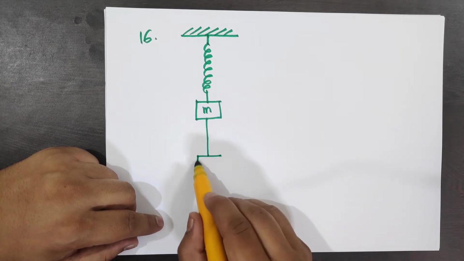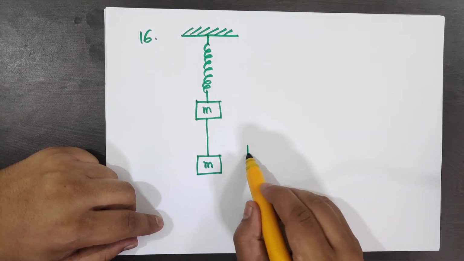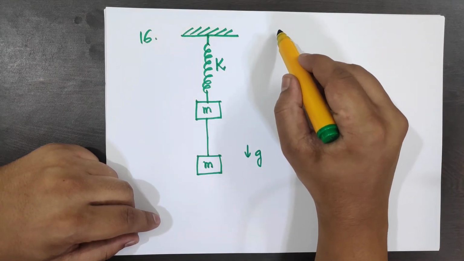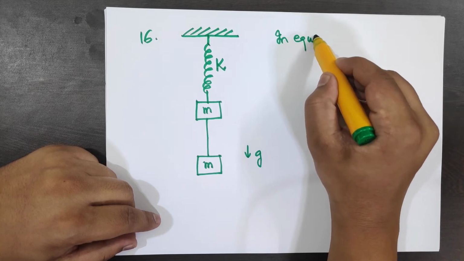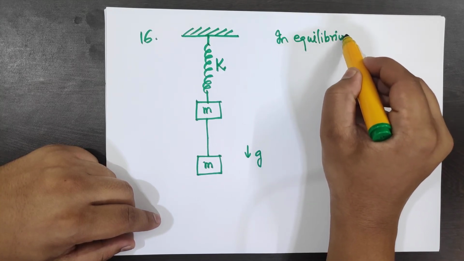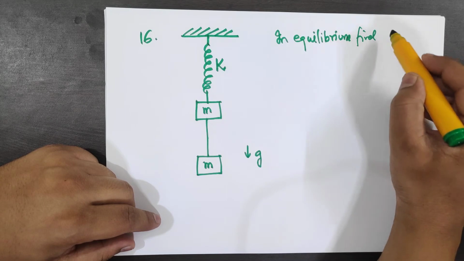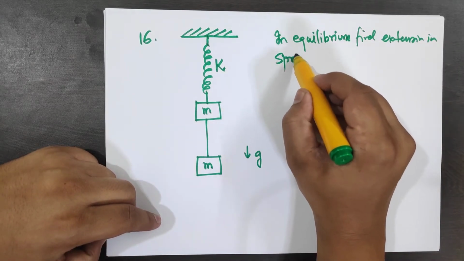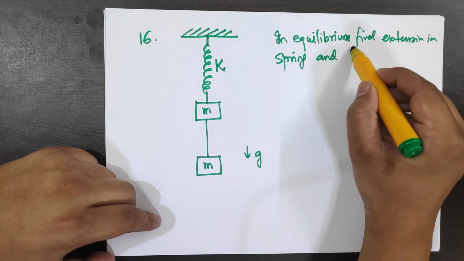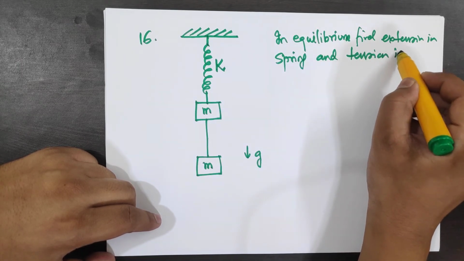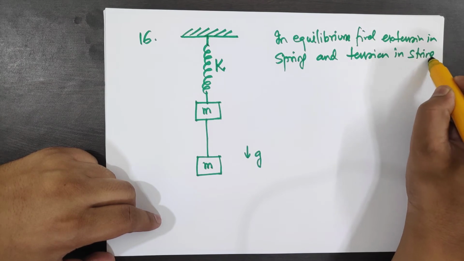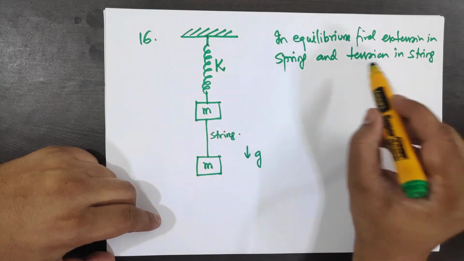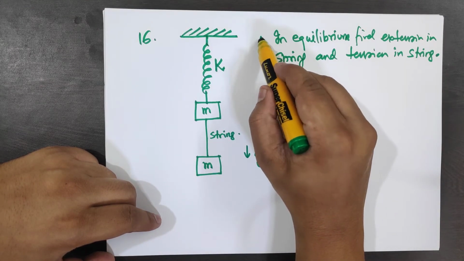Now the next problem: masses M, this is a string, g here downward, spring constant K. In equilibrium, find the extension in the spring and the tension in the string. This is the first part of the question.